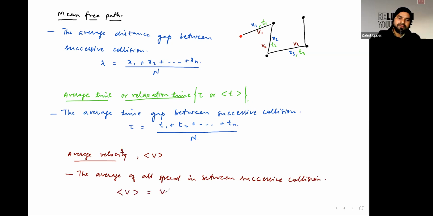So it will be V1 plus V2 and so on to Vn, divided by the number of collisions n.